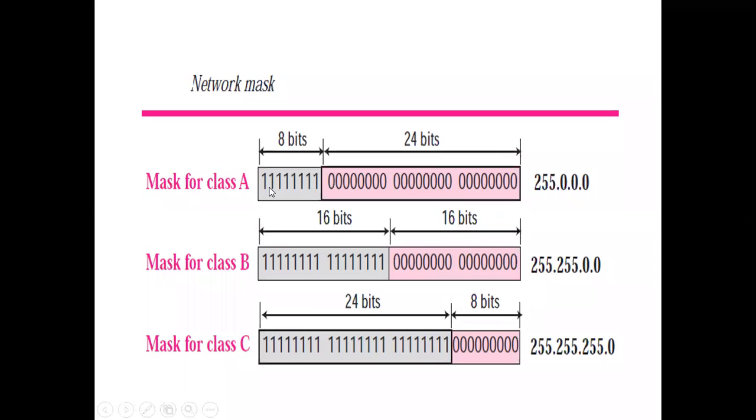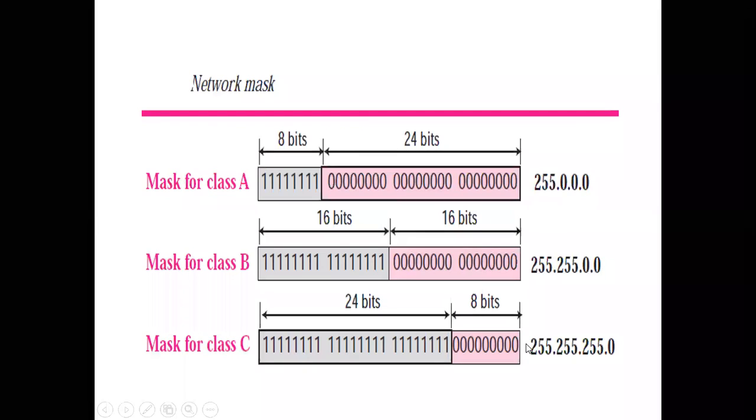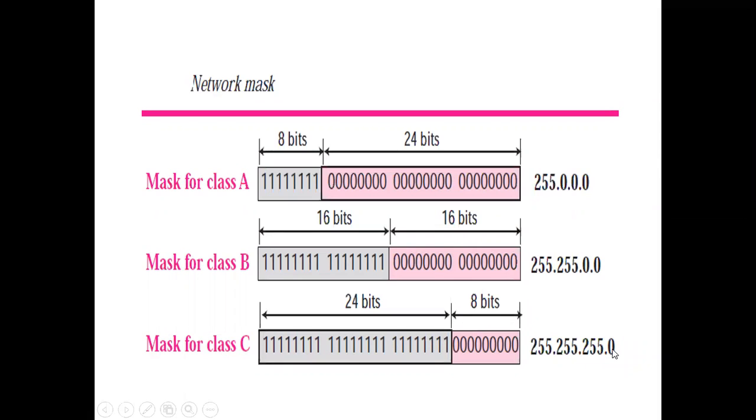The prefix value will always be 1. So whether it is variable or based on the class, still it will be 1. So this class C will carry the network mask 255.255.255.0. This way you can specify the IP network mask for the network.